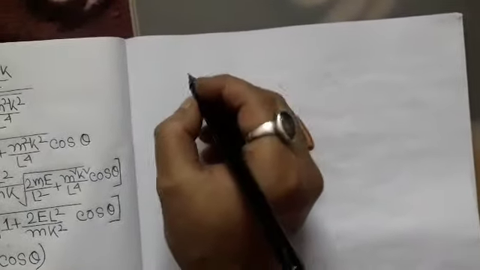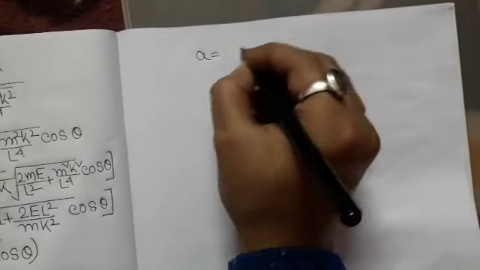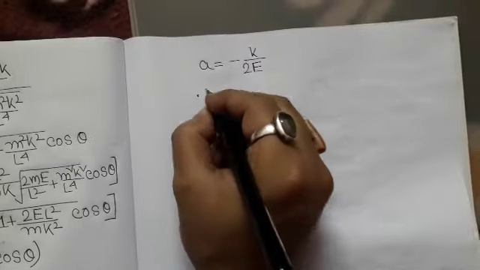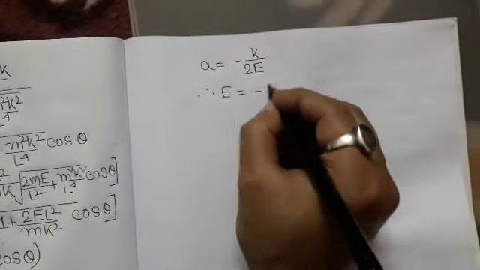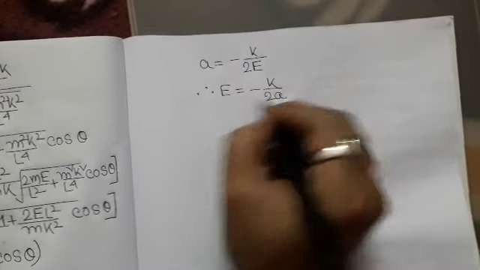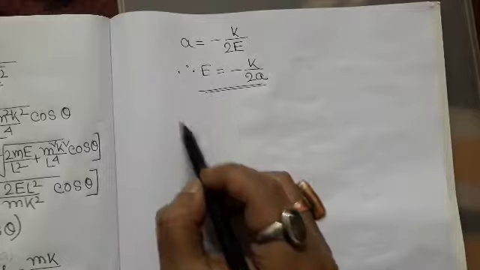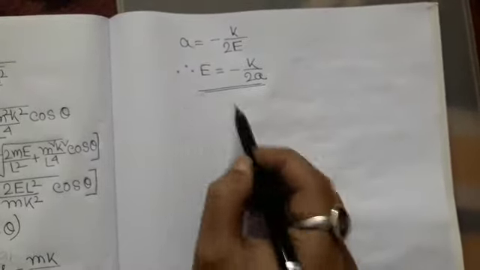Okay, so from which we can easily write, a equals minus k by 2e. So from which we can easily write e equals minus k by 2a. So this is the result. So in case of an elliptical orbit, we can easily see that the energy of the orbit solely depends upon the major axis.